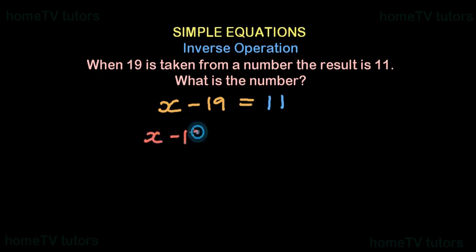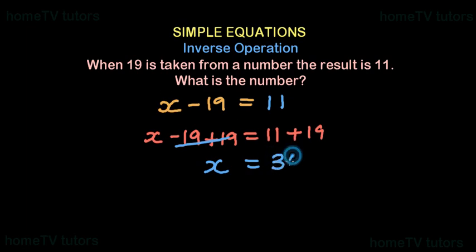X minus 19, we need to add 19 to both sides, which is the inverse of minus 19. On the left hand side we are left with x. Then on the right hand side, 11 plus 19 will give us what? Did I hear you say 30? Good.